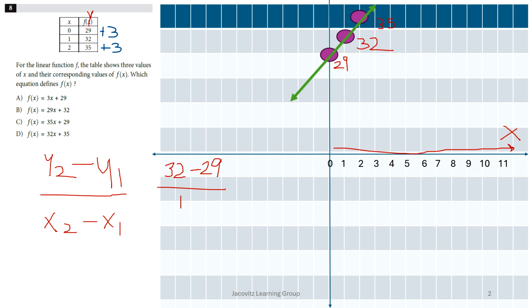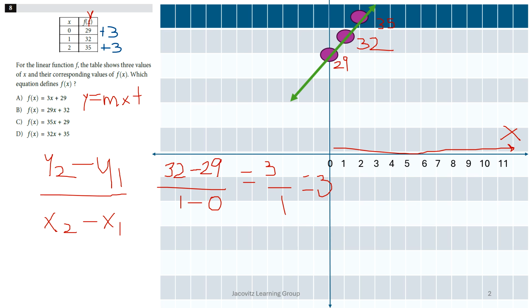And 1 minus 0, 3 over 1. So this is your slope. It's 3x. Now remember, y equals mx plus b.